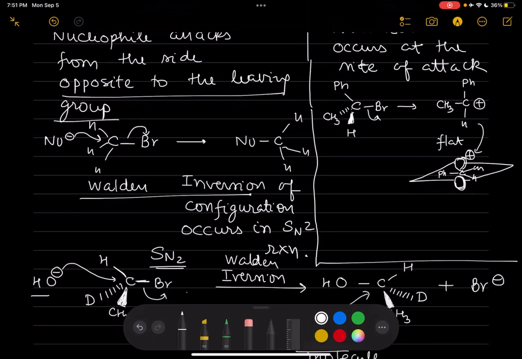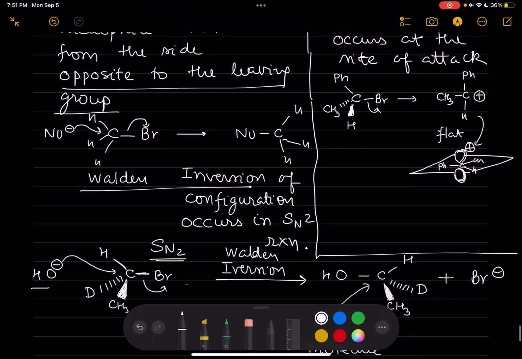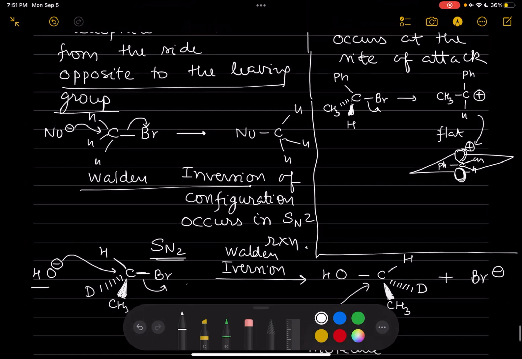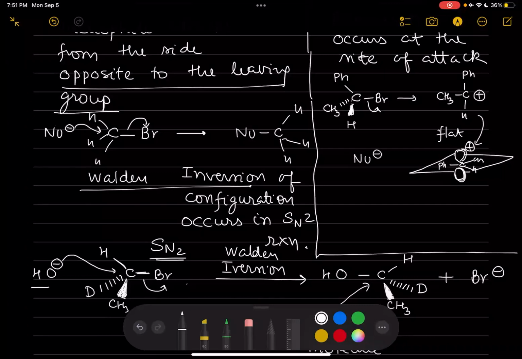So the carbocation is sp2 hybridized, which is flat. Now my question is, from which side is the nucleophile going to come and join? The answer is, because the carbocation is flat, it can be attacked by the nucleophile from any side.